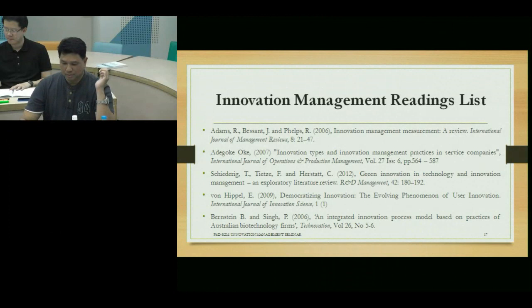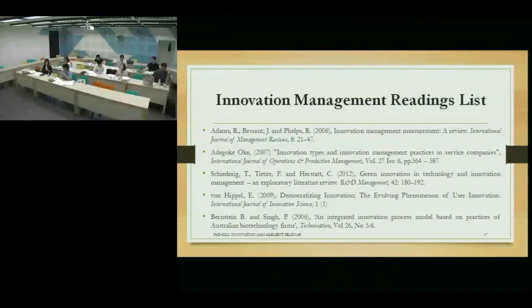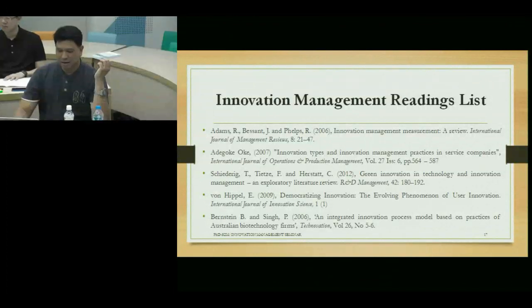So in general, the first one, Democratizing Innovation, talks about the involvement of users in reflecting unconventional requirements. The user gives feedback to the manufacturer, who comes up with a customized product.